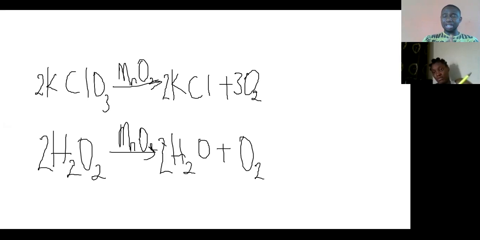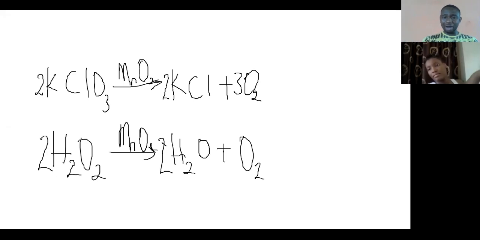H2SO4 serves as a dehydrating agent. It helps you to dry. You see that from the reaction we did, water was given up, oxygen was given up.